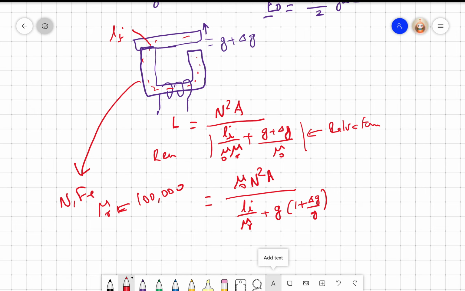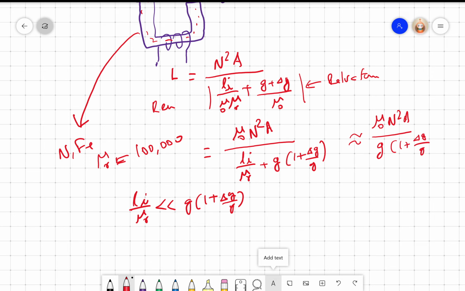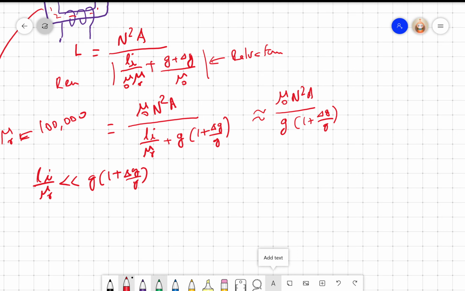And so if I look at this, I can simply say Li by mu r is much, much less than G into 1 plus delta G by G. So this I can write approximately mu naught N square A divided by G into 1 plus delta G by G. I can now take the constant part and that will go to L naught.